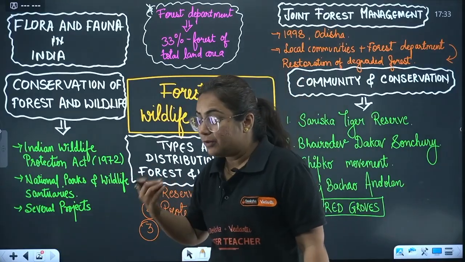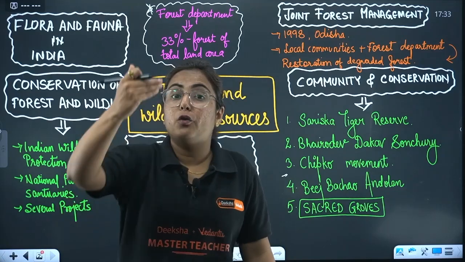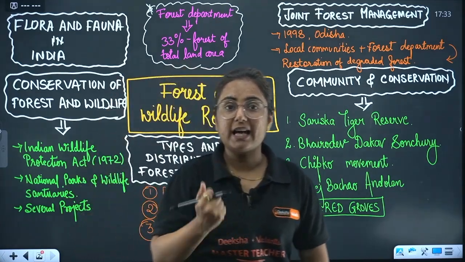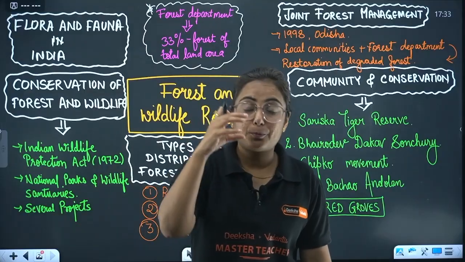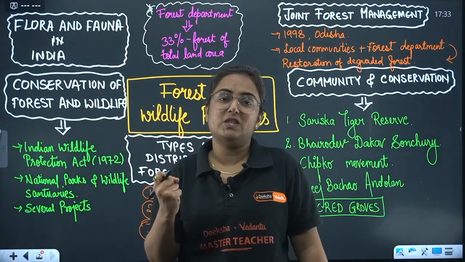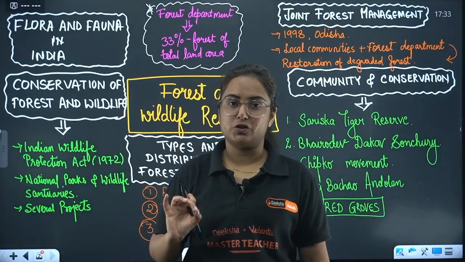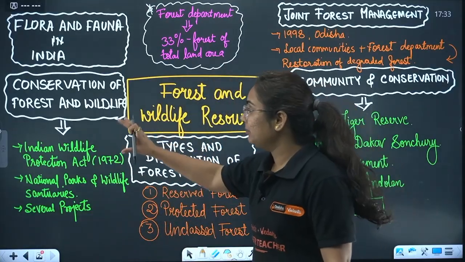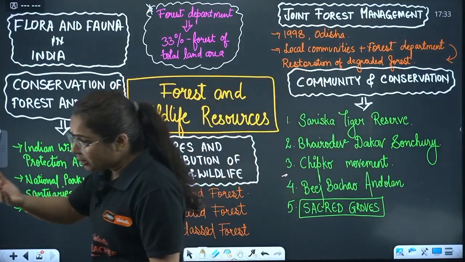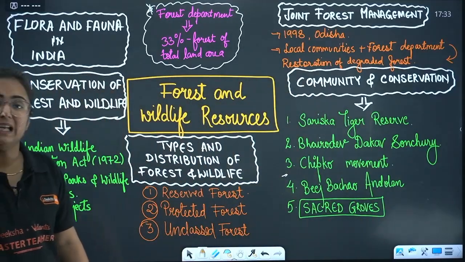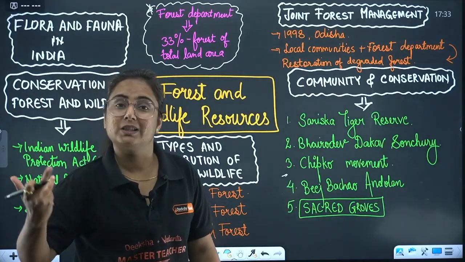We are aware that certain animals are on the verge of being extinct, like tiger, Kashmir stag, hangul, elephant, etc. So projects to protect those species were initiated, like Project Tiger in 1973. These can be the points you add. Later on, certain amendments were made in the Indian Wildlife Act which added other species like butterfly, moth, etc.